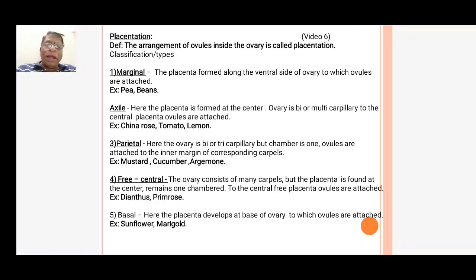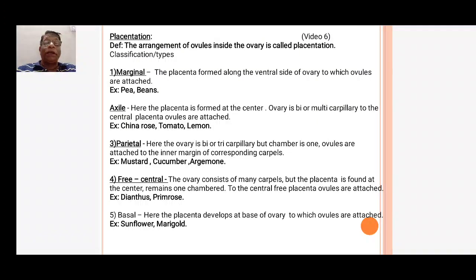The ovary remains unchambered. To the central, free placenta, the ovules are attached. Such a type is called free central placentation. Is it audible? Okay.